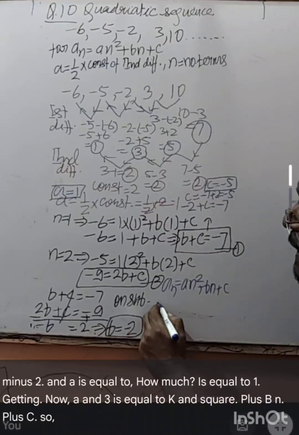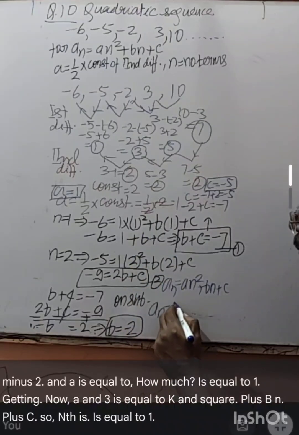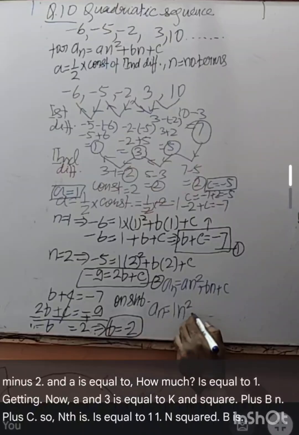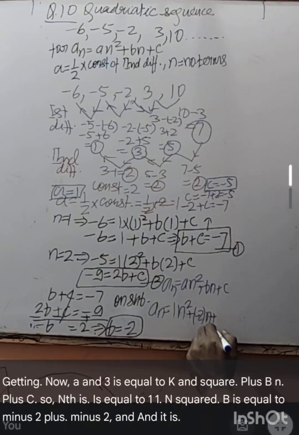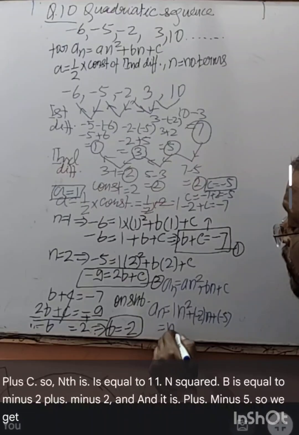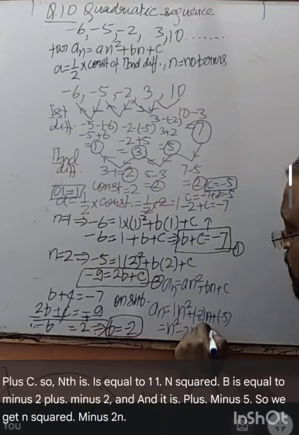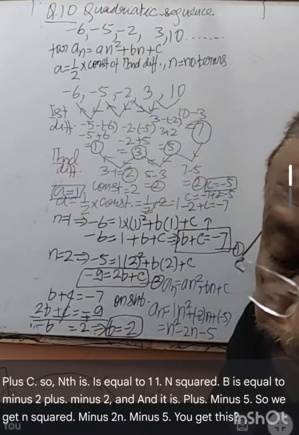So a is equal to 1, n square, b is equal to -2, so plus -2n, and plus -5. So we get n square minus 2n minus 5. You get this? Yeah, I got it.